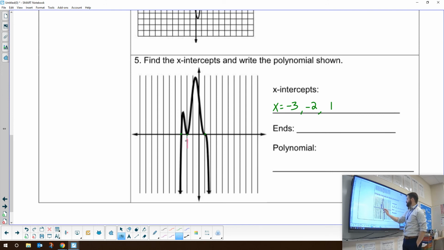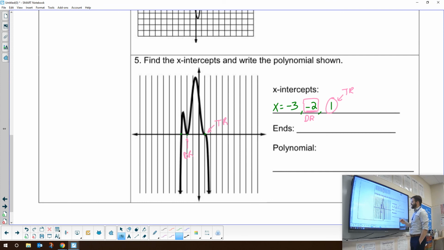First off, this is a double root, right? So that means that negative 2 right here is a double root. All right, what about 1? 1 is a triple root, right? Because it has that kink in it. So we know this 1 is going to be a triple root.